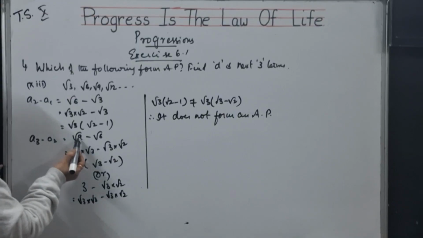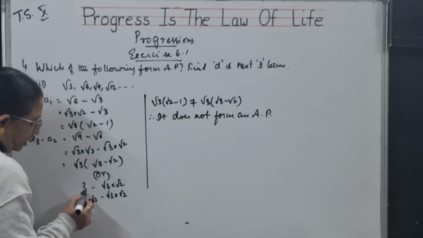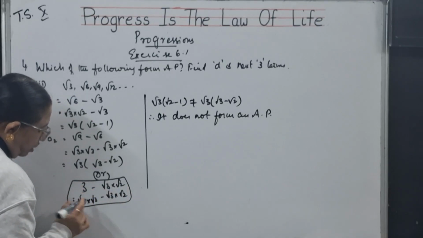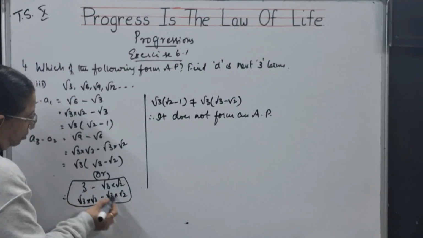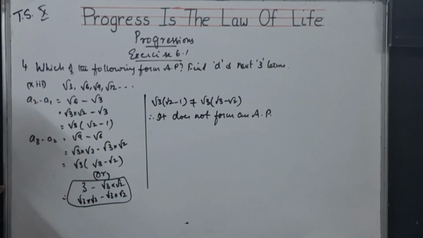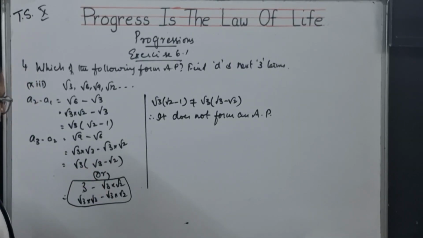You may think that root 9 means we can take 3. If you take 3 again, we are going to get the same thing. It ends with this value only. In these two, root 3 is common. So root 3 minus root 2 you will be getting. In any way, root 3 into root 3 minus root 2 you are getting.